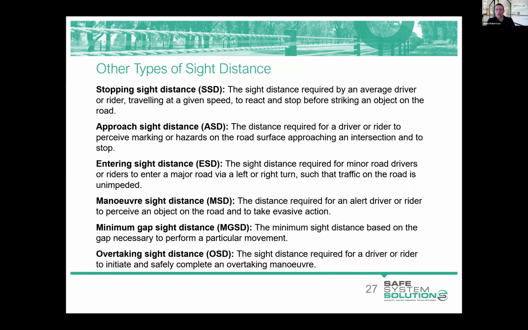We look to provide that everywhere on our roads. Approach sight distance, ASD, is numerically equal to SSD, but it's measured to the pavement itself, and that's important at intersections so that drivers can see intersection markings and the like.